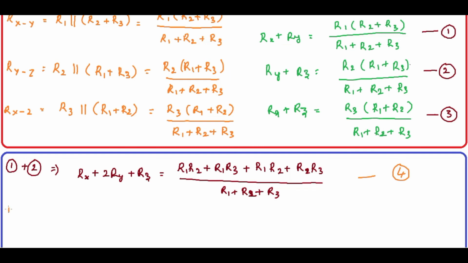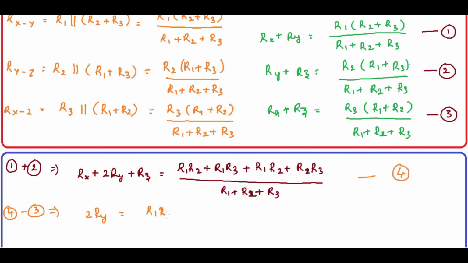Now I want to subtract the third equation from 4. So it is Rx plus 2Ry plus Rz, so Rx and Rz will get cancelled. Finally 2Ry will remain, which is equal to, of course the denominators are the same, so let me elaborate the numerator only.